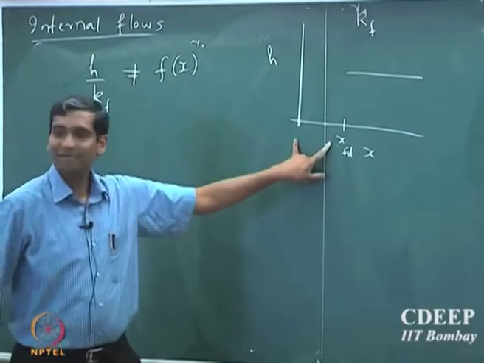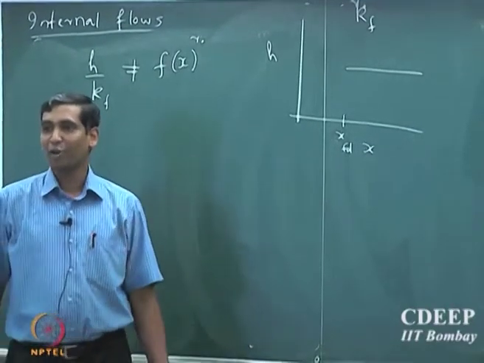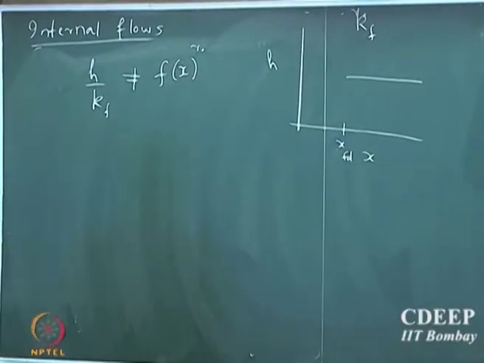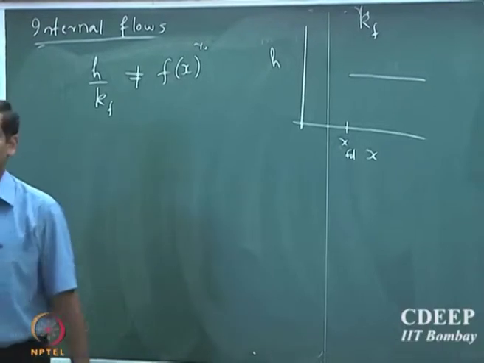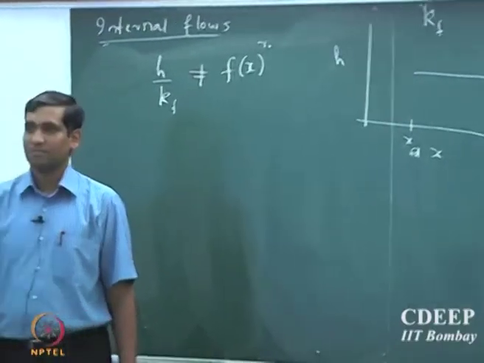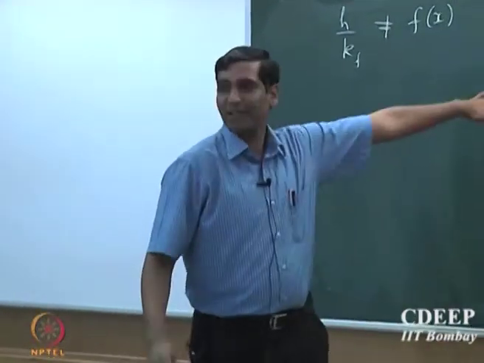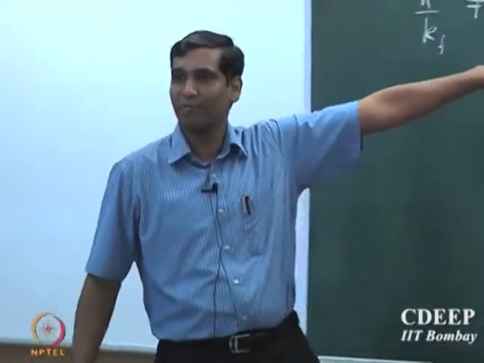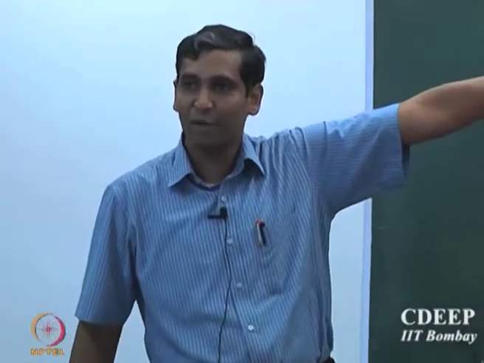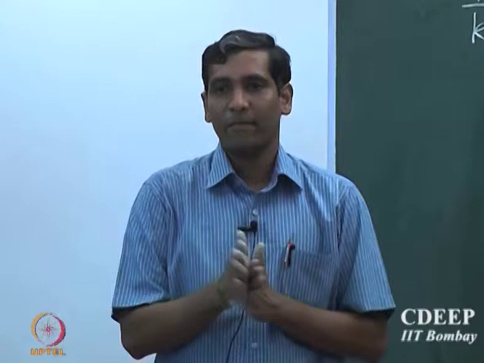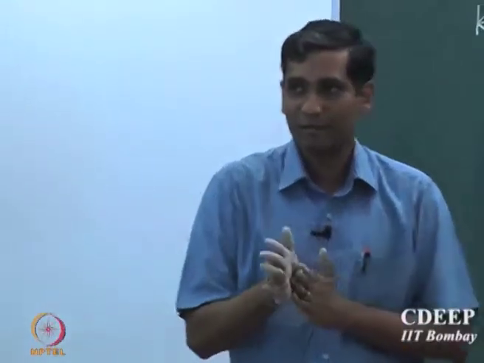What about this region? Will it be higher or lower? What would you guess? We'll see it in a little bit more rigorous way what will be the nature of the heat transport coefficient in that location, but what would you guess? Will it be higher or lower?